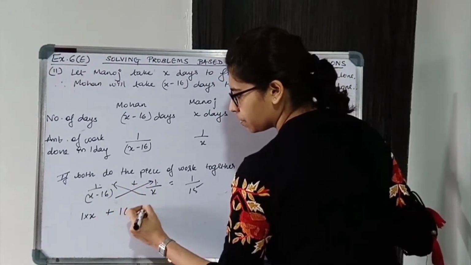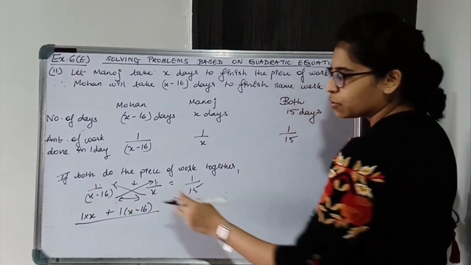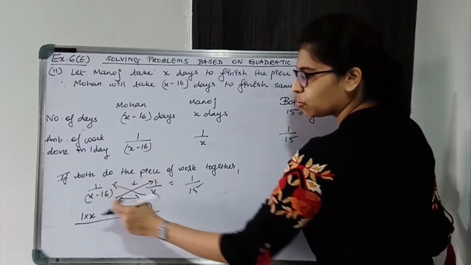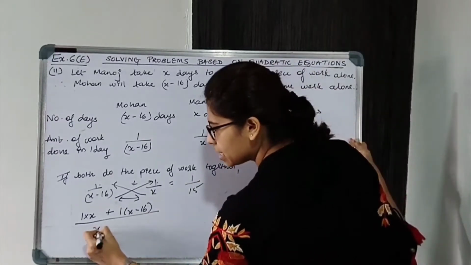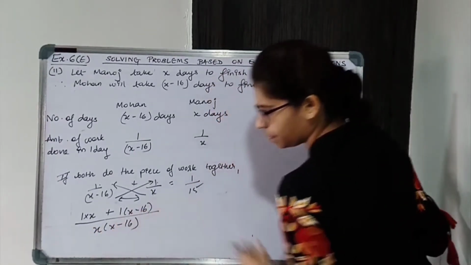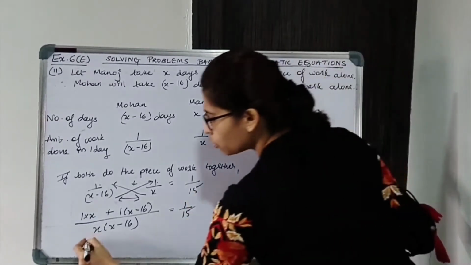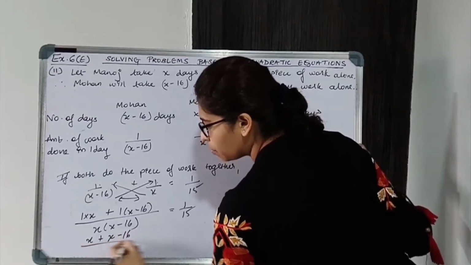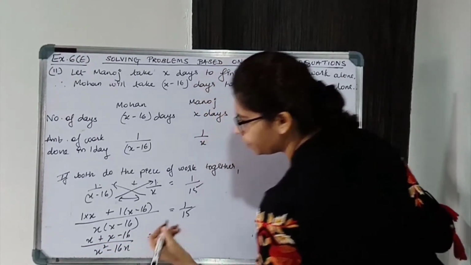Now multiply the denominators. So x into x minus 16. So x plus x minus 16 upon x square minus 16x is equal to 1 upon 15.